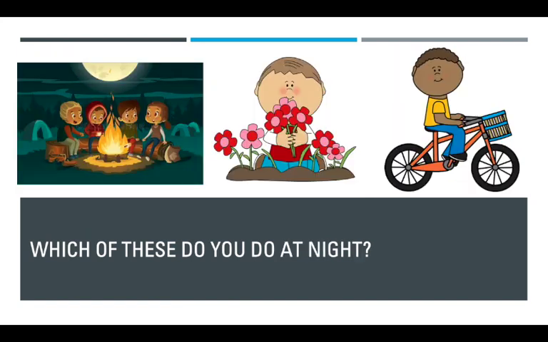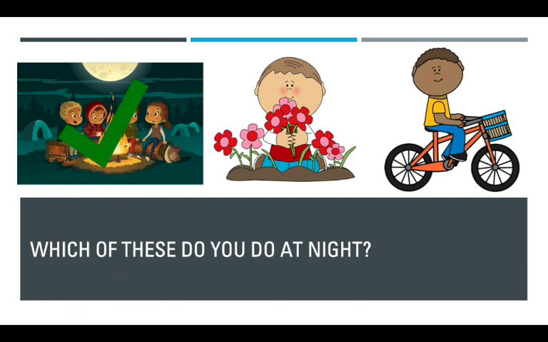Let us look at this picture over here. Which of these do you do at night? Do you go in your garden and pick the flowers at night? Or do you ride your bicycle at night? Or do you make a fire at night and roast some marshmallows? Yum!